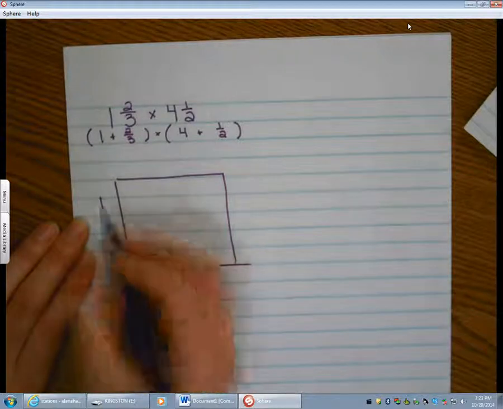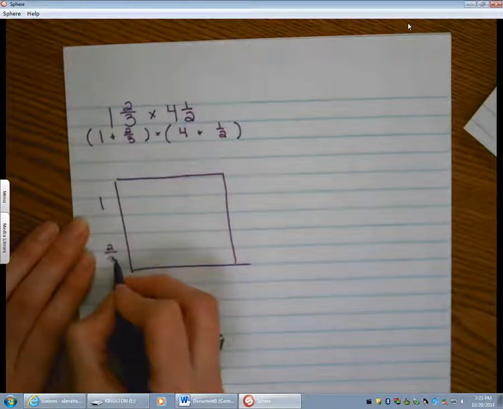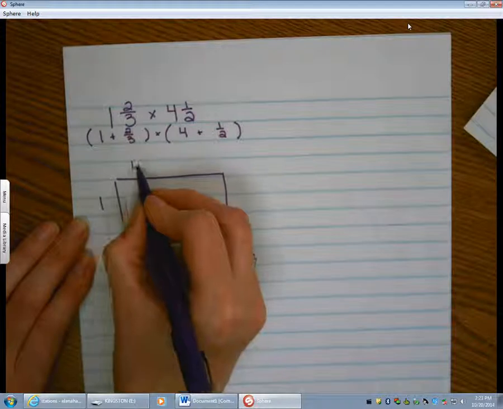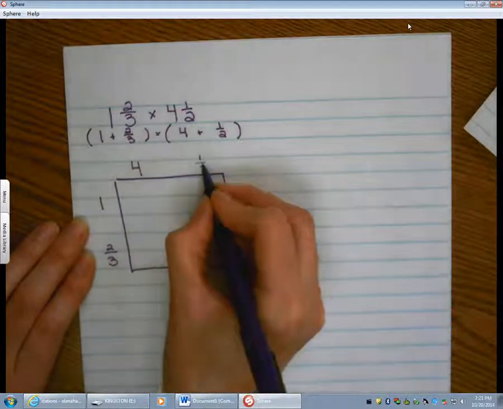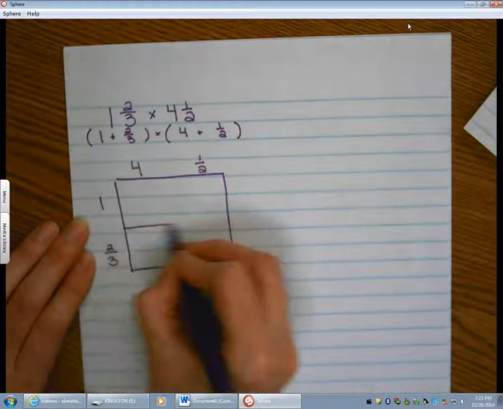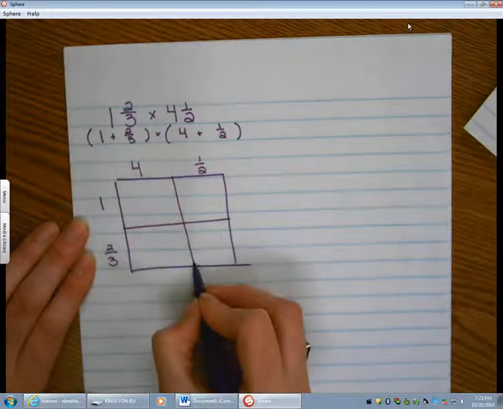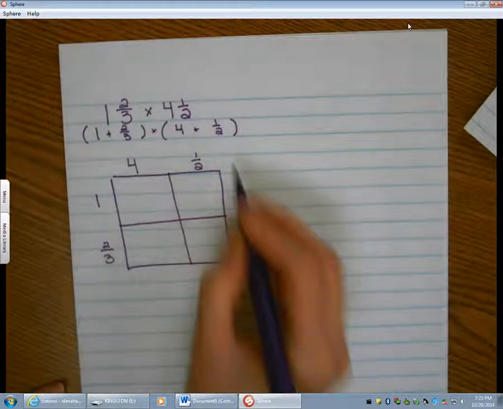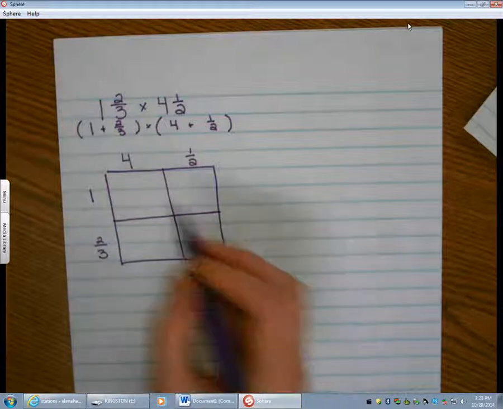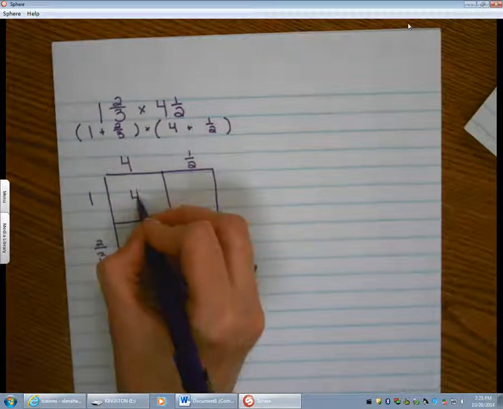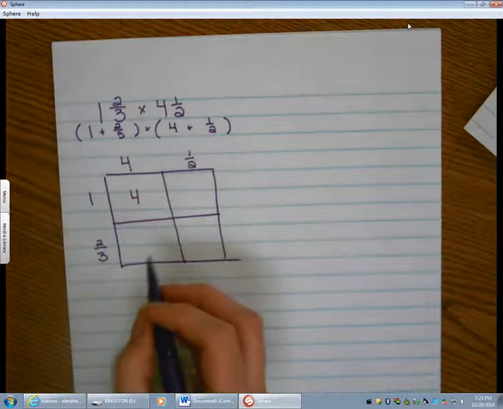1 whole and 2/3. 4 whole and 1 half. Then I'm going to just multiply. So I have 4 times 1 is 4. I have 4 times 2/3 is going to be 8/3.